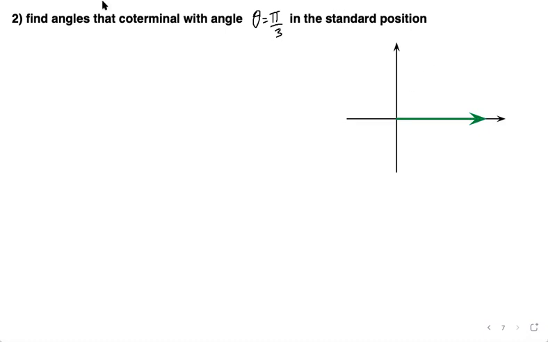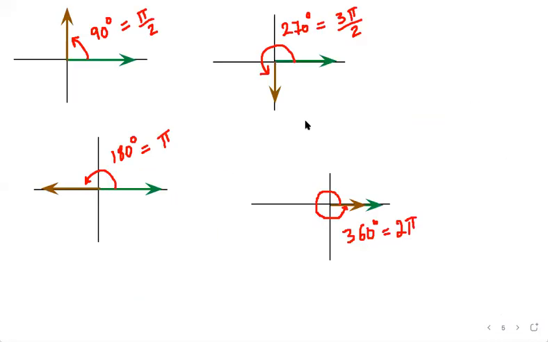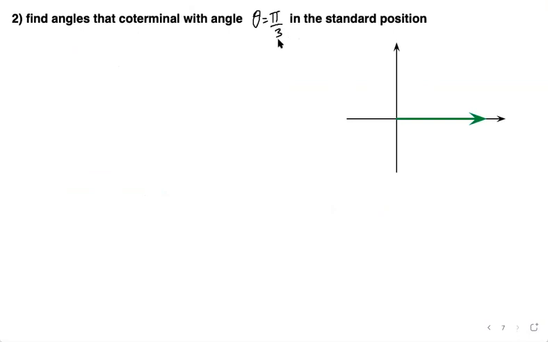Why? Because it's less than 90 degrees, or less than pi over 2. Because 90 degrees is pi over 2, and pi over 2 is greater than pi over 3.